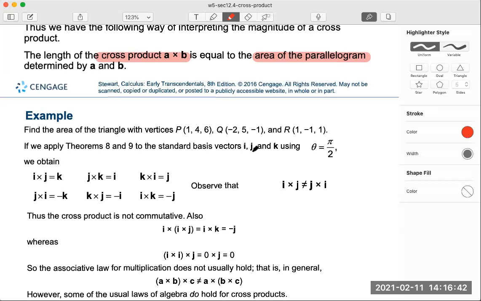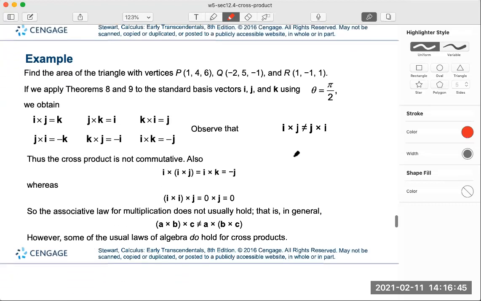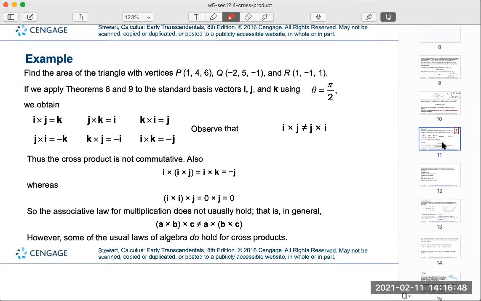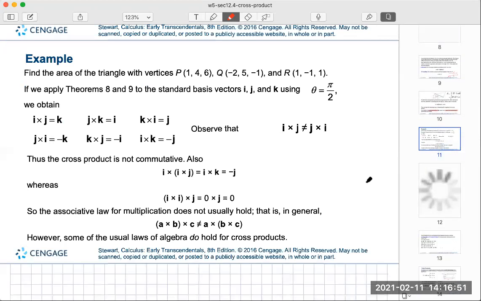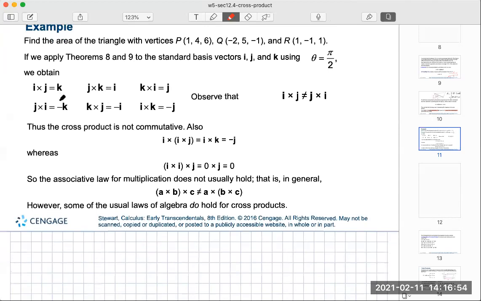Very good. So now, let us do this example. Before doing that example, let us go quickly about this. So the cross product applies the right-hand rule. For i, j, k: i cross j will be k, j cross k will be i, and k cross i here will be j. But j cross i will be negative k, k cross j will be negative i, and i cross k will be negative j.